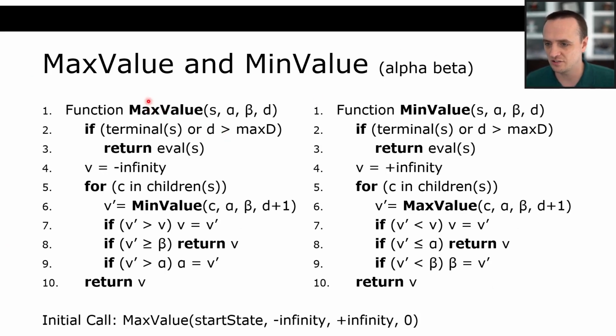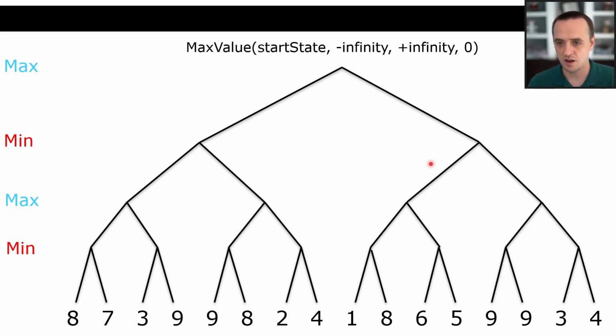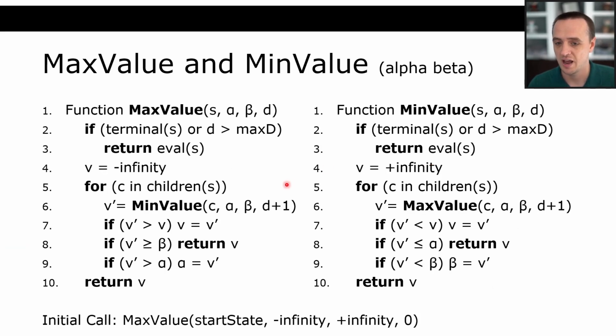Because this just says, if it's not a terminal node, go down and switch from max to min. Then min will say, if it's not a terminal node, go down and switch from min to max. So I don't really do much until I get to an evaluation node.